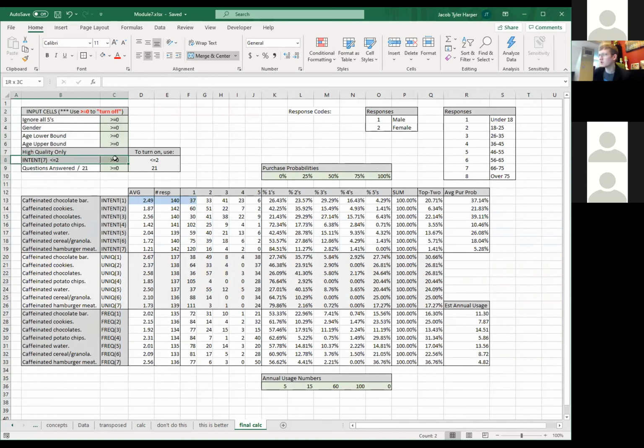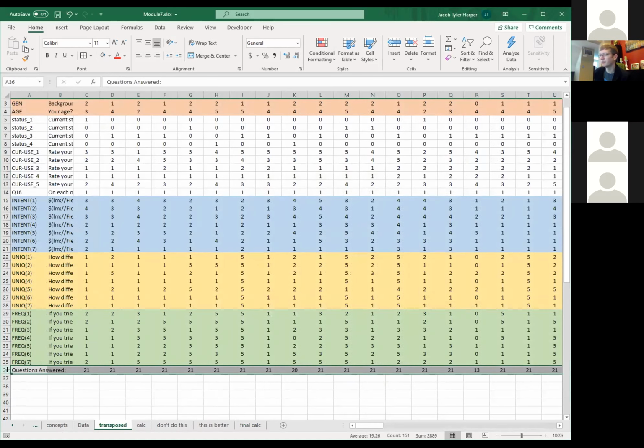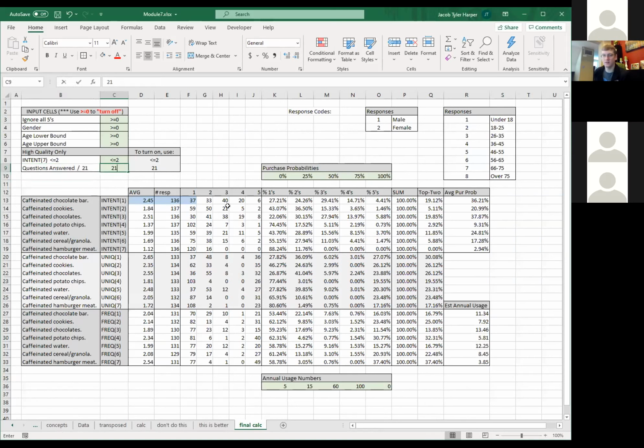But if I want to make sure that this is a 1 or a 2, I can simply check if those numbers are less than or equal to 2. If I want to check how many answers they had correct, that's this brand new row down here. I can make sure that there's a 21 in that row. So I'm going to check those rows, and here's the criteria that I'm checking on those specific rows.